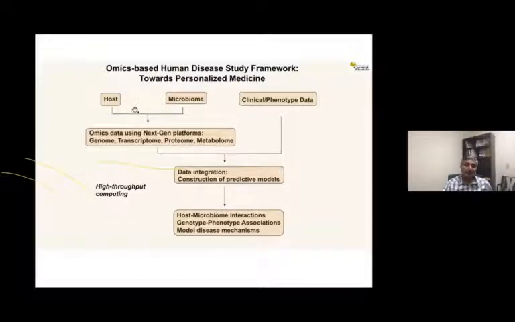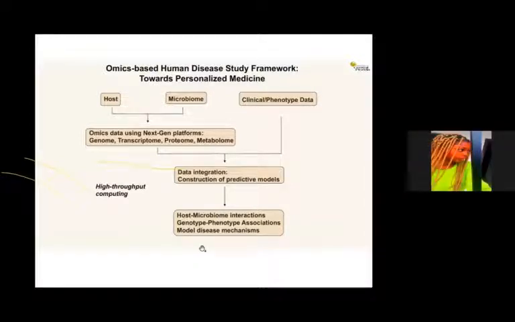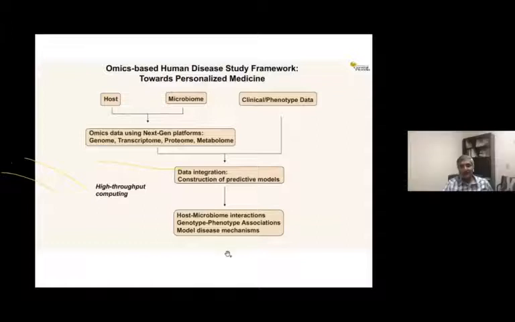And when you include that with the host data as well, and clinical and phenotype data, now we get into this big picture of, hey, with all these different data types and conditions, we now need to build interesting predictive models that can be useful for us in teasing out the biology, right? And trying to understand host microbiome associations, genotype, phenotype questions, and trying to model disease mechanisms.